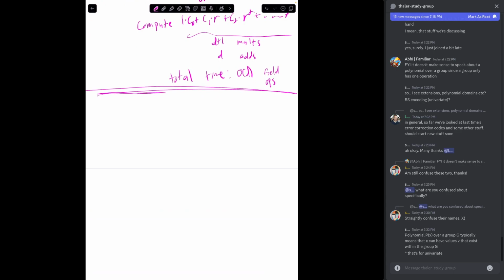Question? One question. Is Lagrange interpolation the only way, or are there other ways as well? There are probably other ways. It's certainly the most natural way. Let's come back to that question after we see how it works.